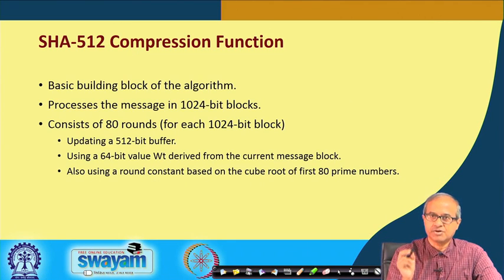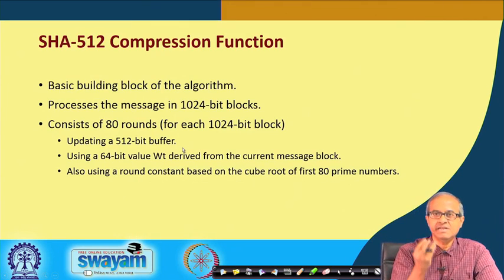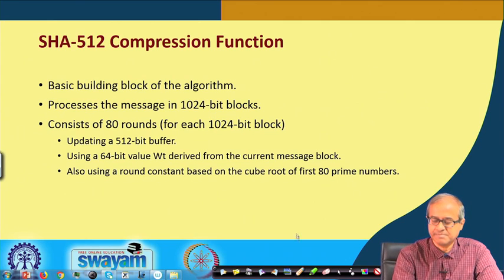The compression function means this f function I talked about. This f function is the basic building block of SHA 512, and as you had seen in the previous diagram, function f takes a block of the message which is 1024 bits in size.